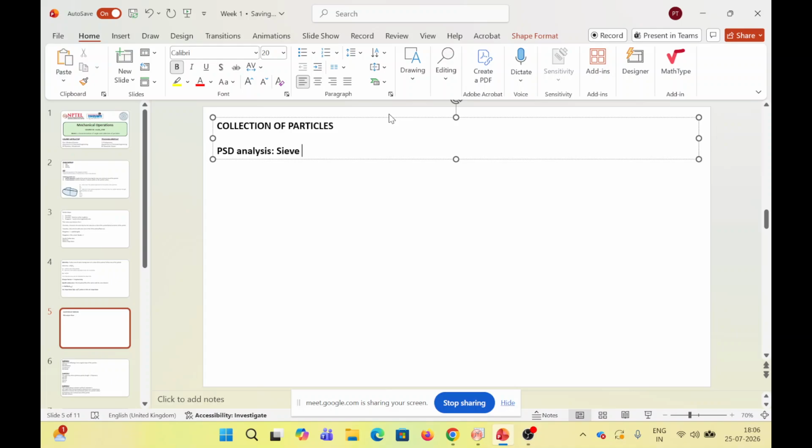So that is where we become interested in the sieve opening size.